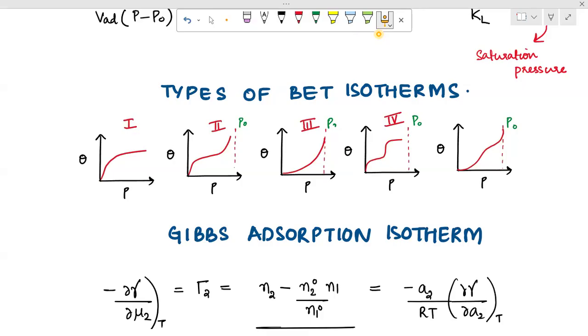While the fifth one is where monolayer formation is not complete, before which there is a multilayer formation extending through the saturation pressure. Okay, so you have to learn all of these with the numbers 1, 2, 3, 4, 5. You have to recall the numbers as well.